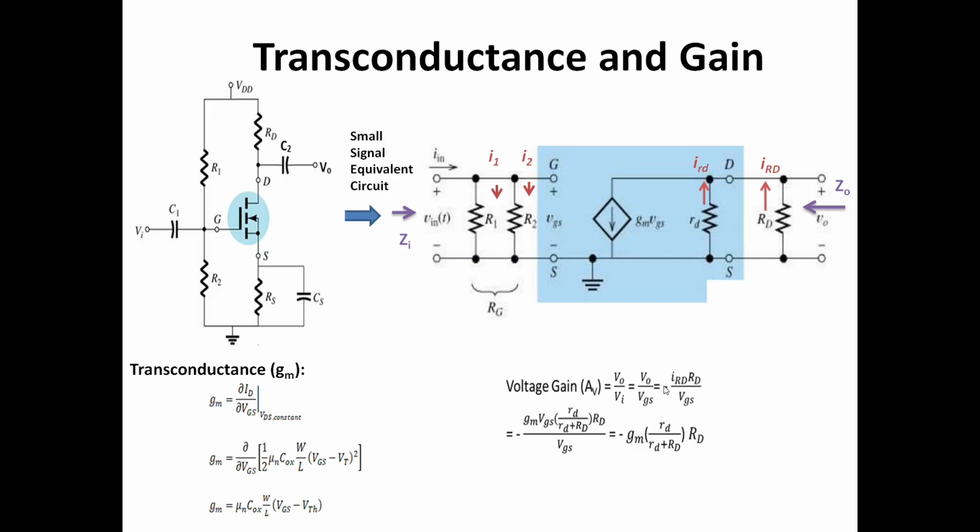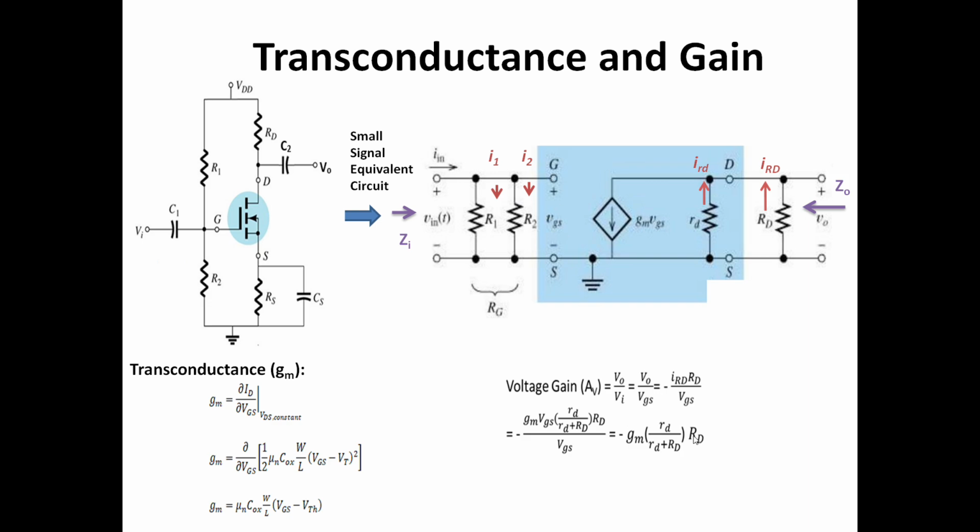So V0 equals minus I capital RD into capital RD by the input potential Vi, and input potential Vi is nothing but the potential difference between gate and source, VGS.